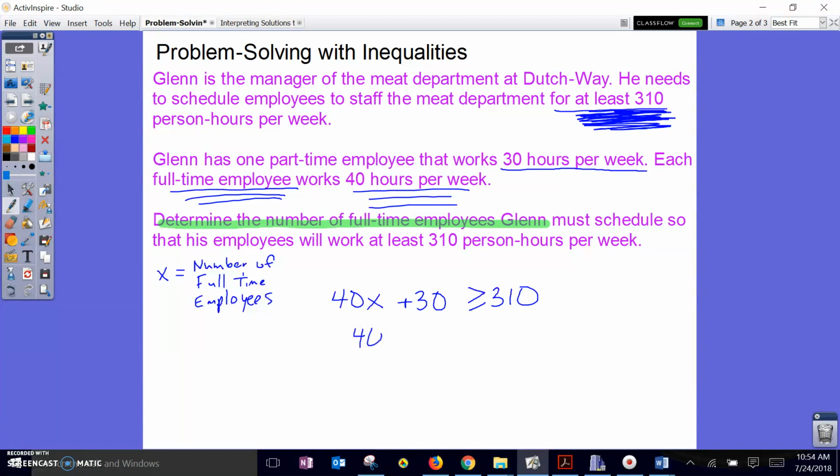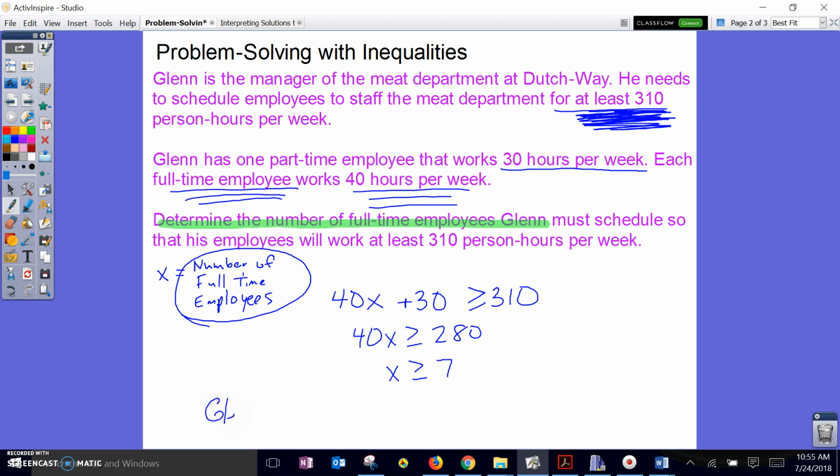We'll subtract 30 from both sides and divide both sides by 40, and we get that X is greater than or equal to 7. So what does that mean? Well, remember, X is the number of full-time employees, so the number of full-time employees has to be at least 7.